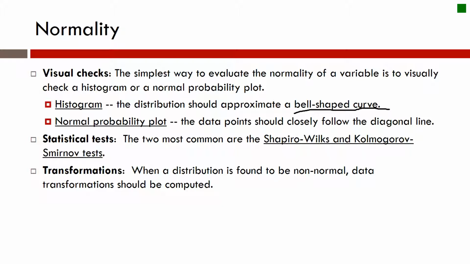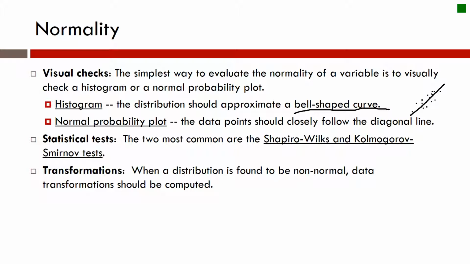plots. Normal probability plots have a diagonal line and you will see all the little data points associated with your data, and you want to make sure that they're somewhere around the diagonal line if possible. Okay, other statistical tests, the Shapiro-Wilk test and the Kolmogorov-Smirnov test are two tests that are easily calculated.